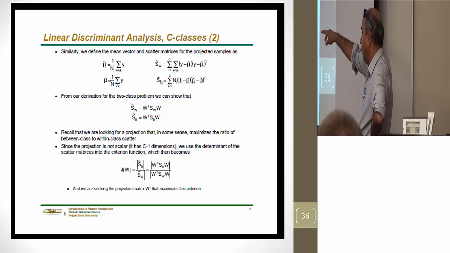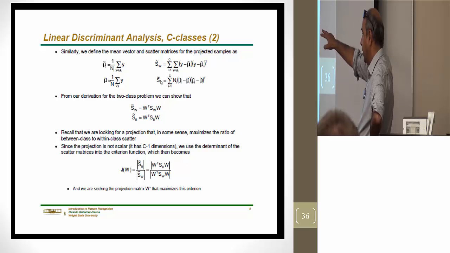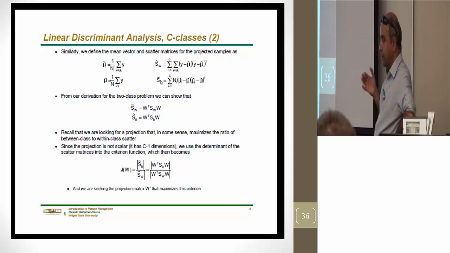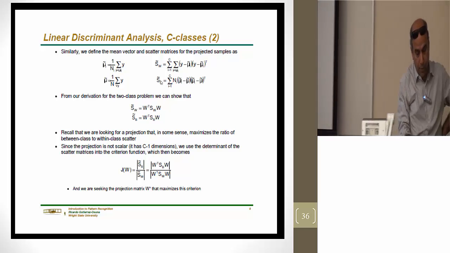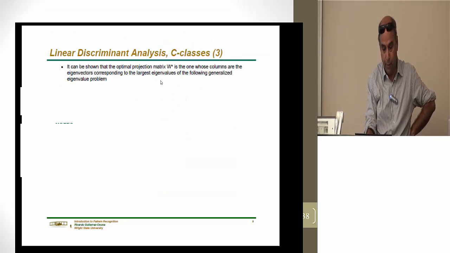So therefore, what we are doing here is finding the determinant of that. W transpose SB W is a determinant of that. And similarly, W transpose SW W is not a scalar, it's a matrix, and we'll find the determinant of that. So you do the same. Now you don't have to do anything new because this follows what we did before.